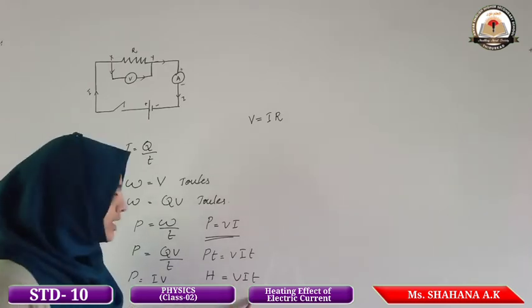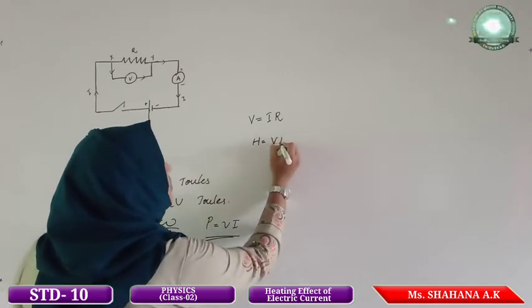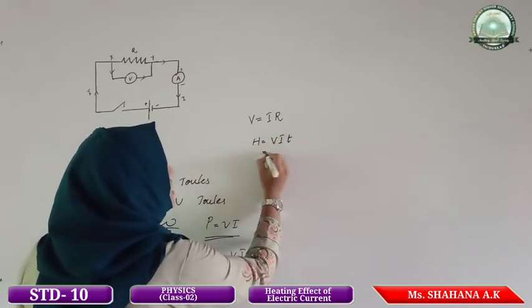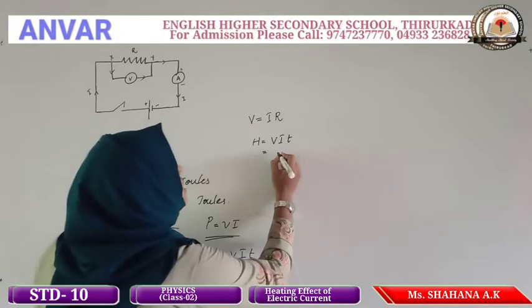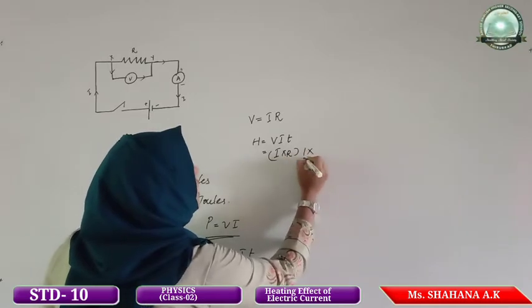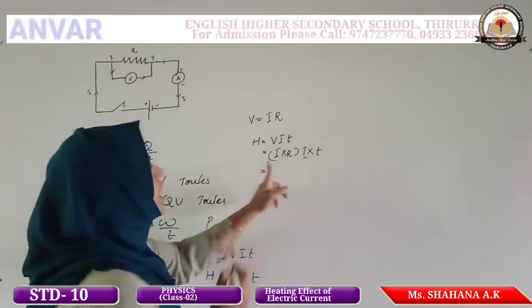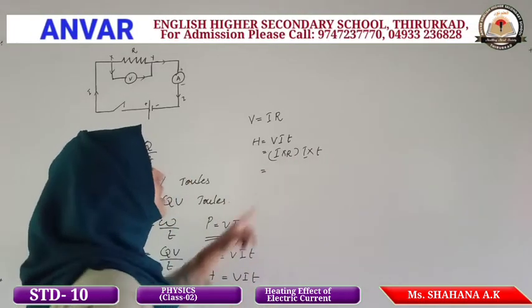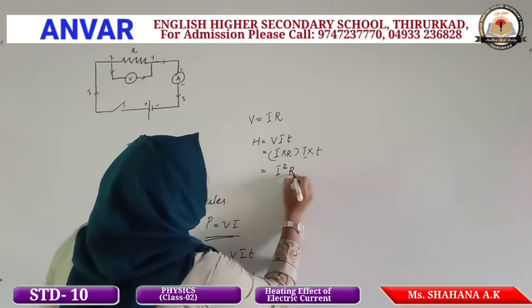Thus the equation becomes H is equal to, in the place of V, we put IR into I into T. Thus the equation becomes H is equal to I square RT.